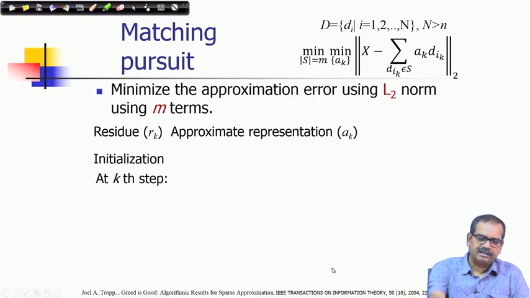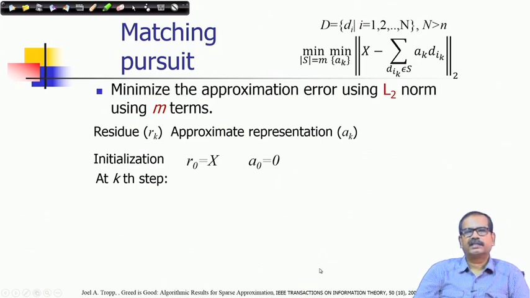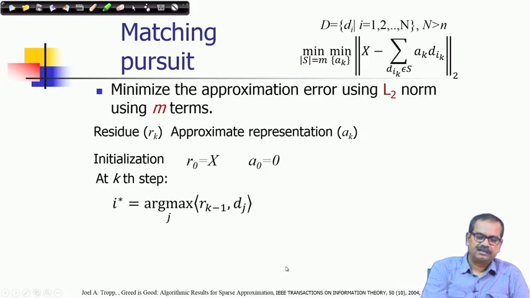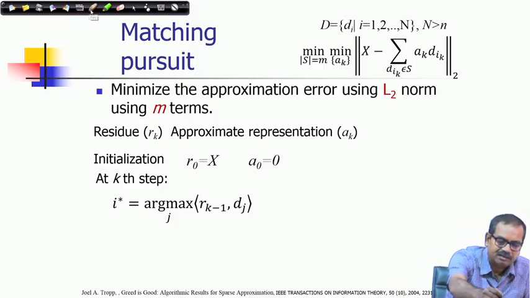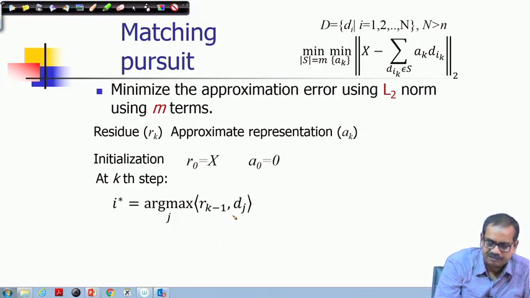The initialization is that your whole signal, the input vector itself, acts as the residue: R naught is equal to x, and so far you do not have any approximation, so A naught is 0. Then at every kth step, as I mentioned, you find that element of the dictionary where you get the maximum projected component.